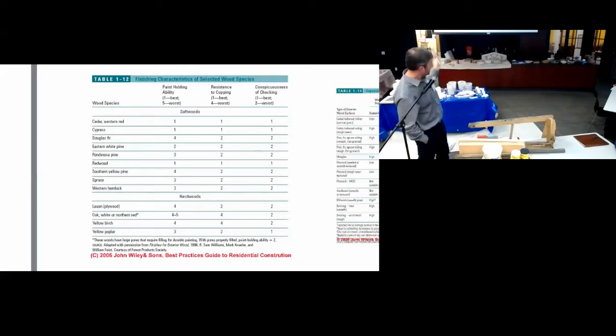In general, a lot of these are classic exterior grade woods, yet some of them have problems with painting and some of them have problems with checking. And again, checking isn't necessarily a problem in a vertical scenario where water isn't going to be sitting in it, but you don't necessarily want to use it for a sill or a horizontal scenario or a water table trim scenario where it can have water sitting on it.